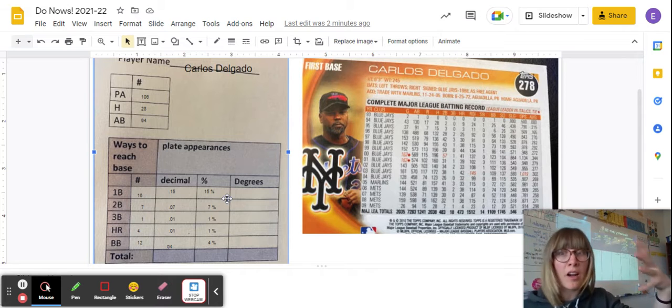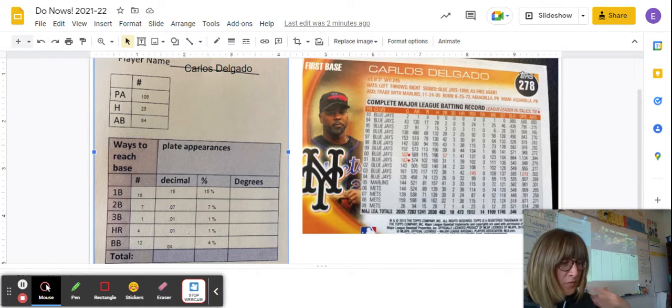Okay, and the final part here has to do also sort of with percentages in a way, but we're actually going to utilize the look of the decimal that we already have established here.